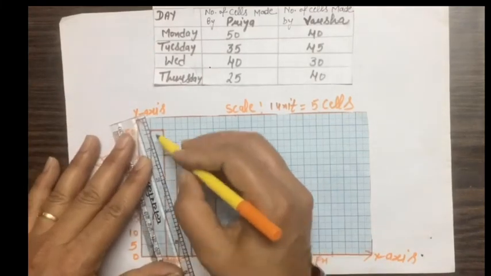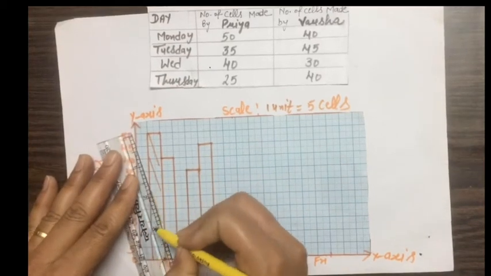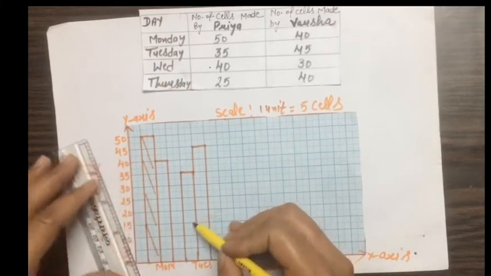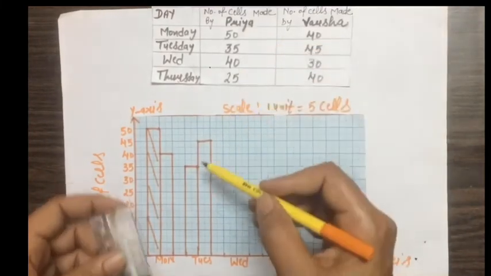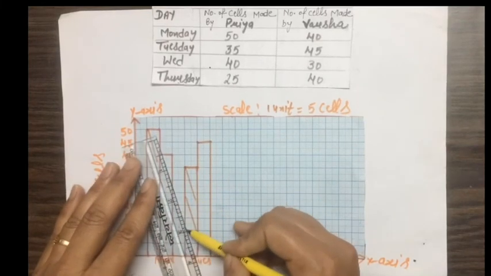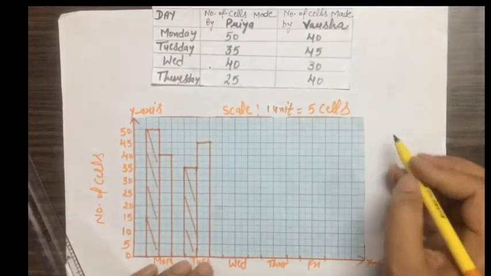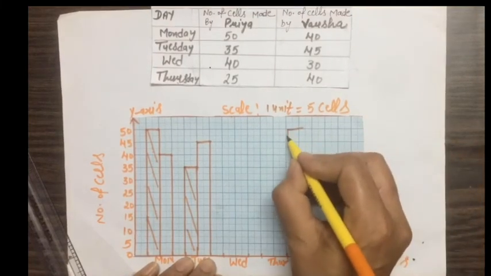So we will put here a shade like this. Again in Tuesday also, all the data of Priya is represented by this shade. Then to differentiate this, we will represent here also.